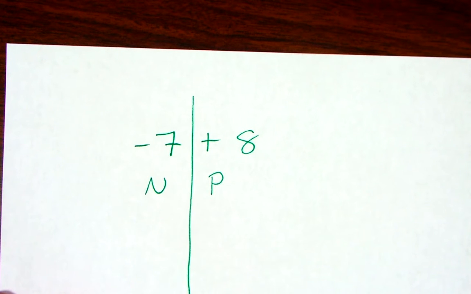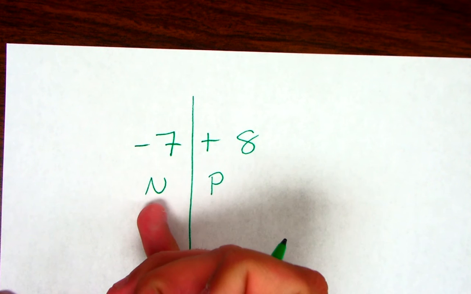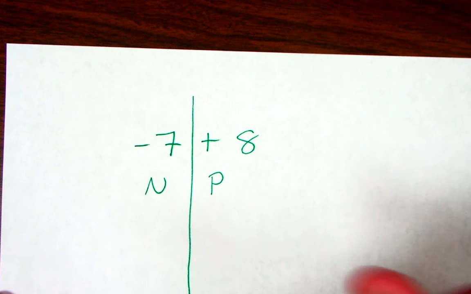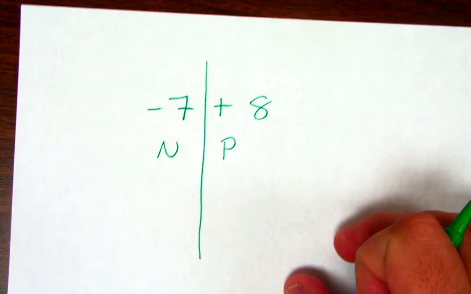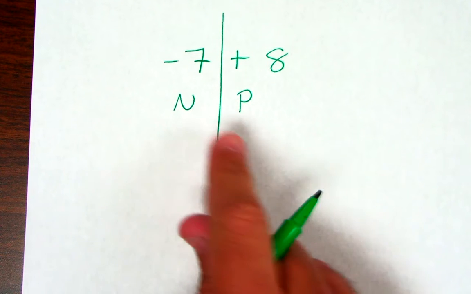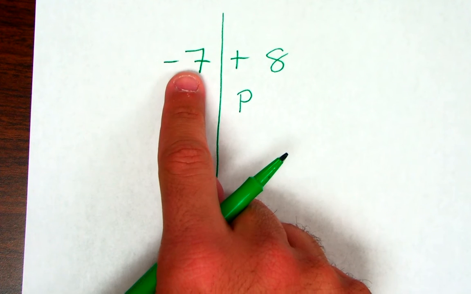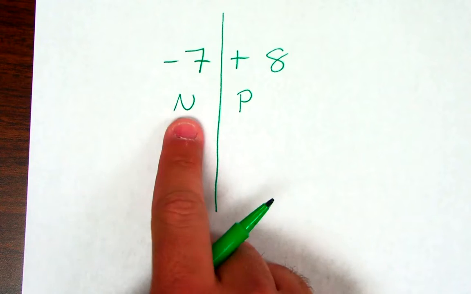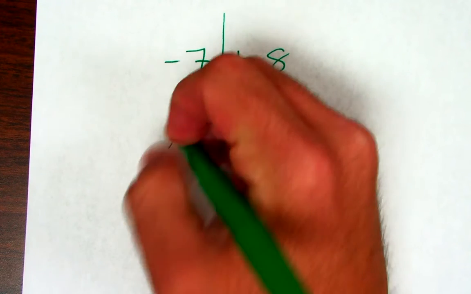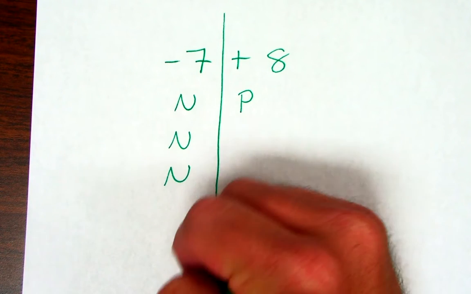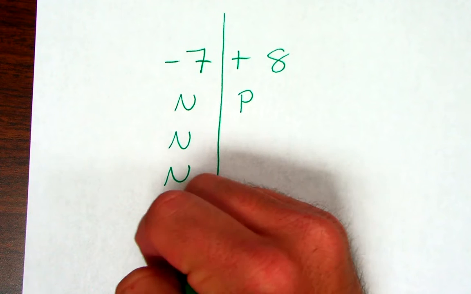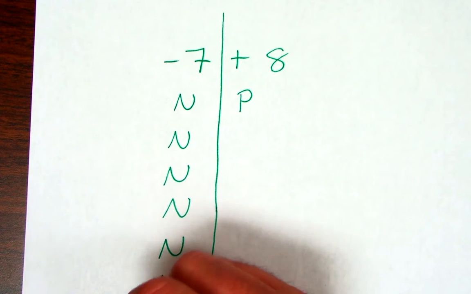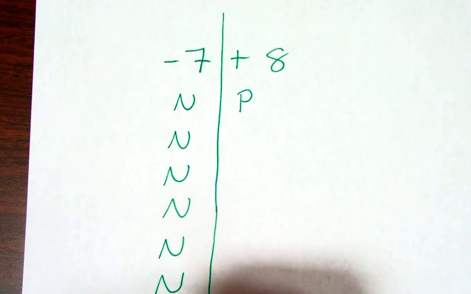I'm trying to relate this as much to the real world as possible, and we always deal with people that have negative attitudes or people with positive attitudes. So let's see if we can solve this problem. We're going to have 7 people with negative attitudes. So here's 1, 2, 3, 4, 5, 6, 7.